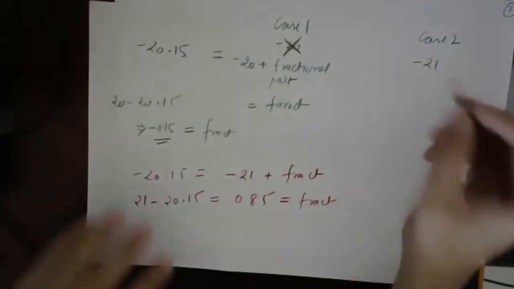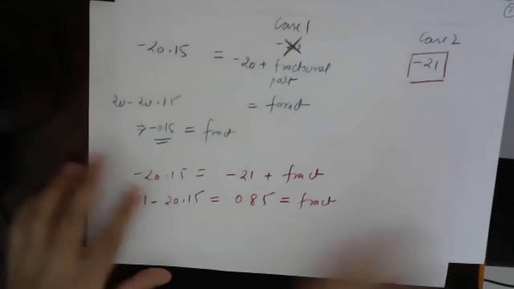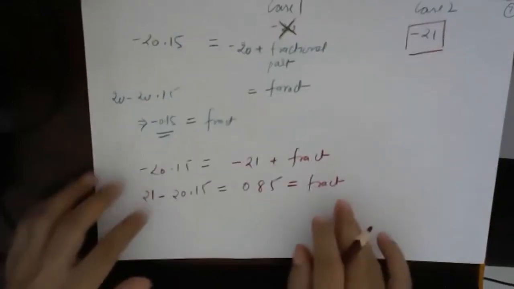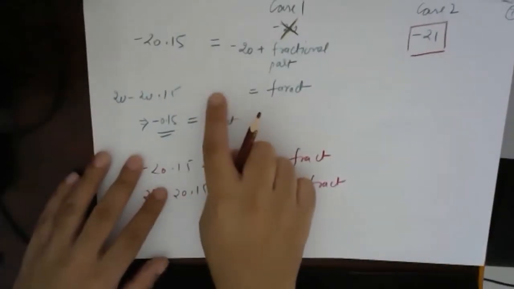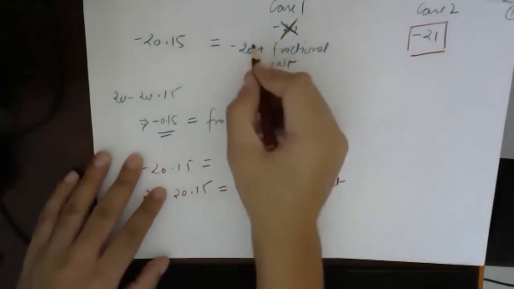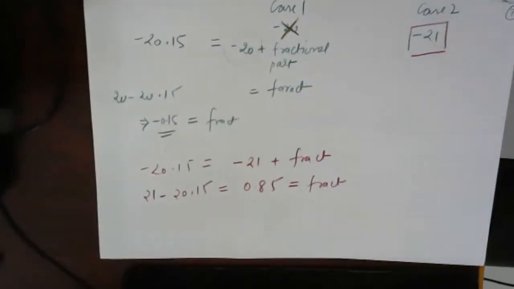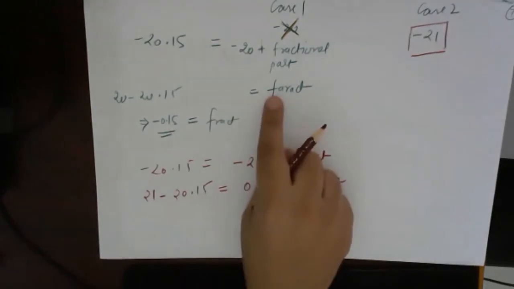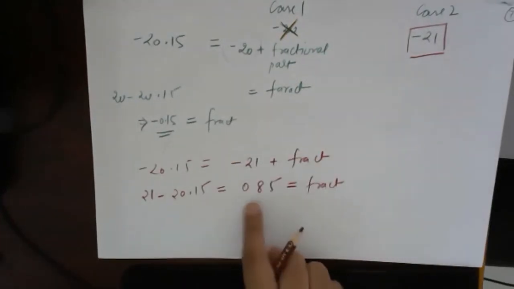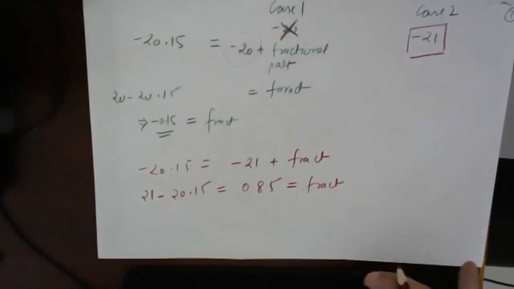Yes. So the second case, in which I have taken minus 21 as the integer, is correct. When I took the first case, the fractional part came out to be minus 0.15, outside the range from 0 to 1, so that was wrong. In this case we are getting 0.85. It is correct.